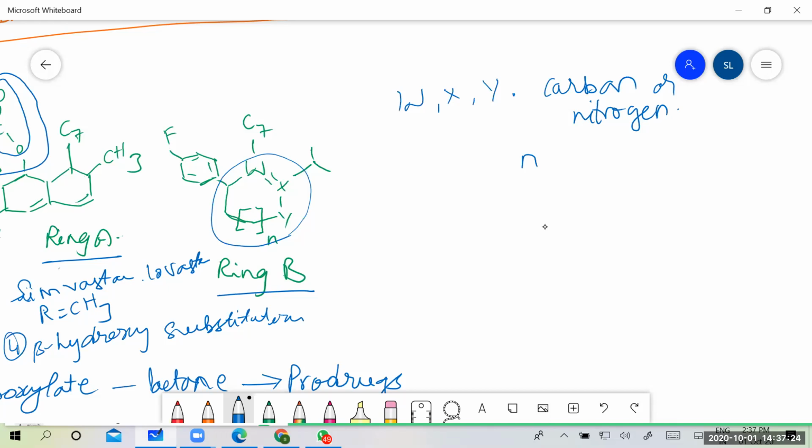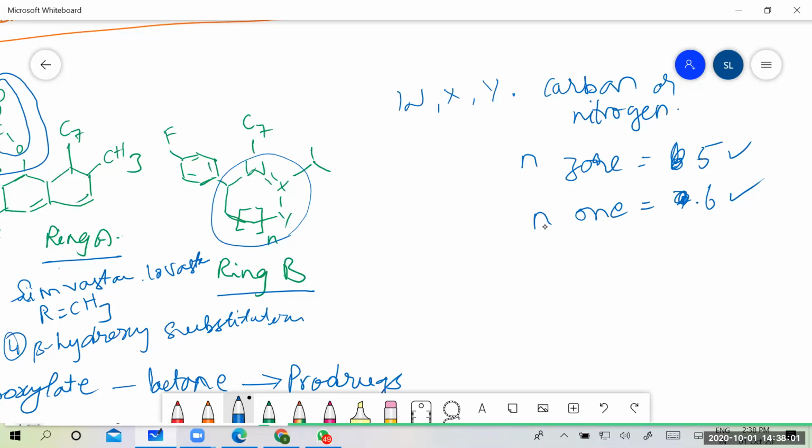If n is equal to 0, then it becomes a 5-membered ring. And if n is equal to 1, then it becomes a 6-membered ring system. So there must be either a 5-membered heterocycle or a 6-membered heterocycle in ring B.